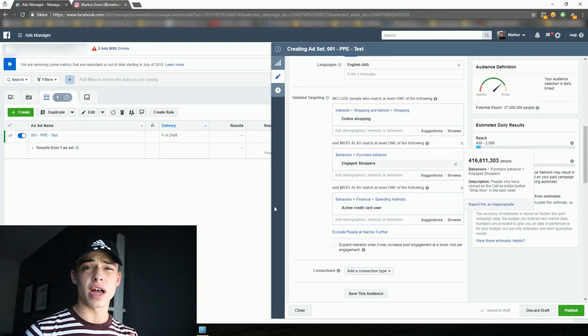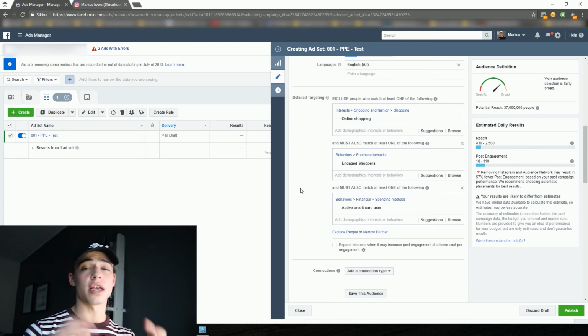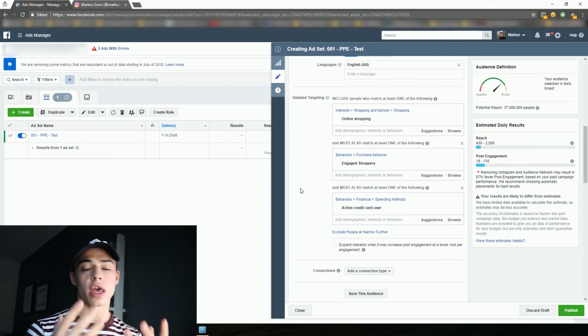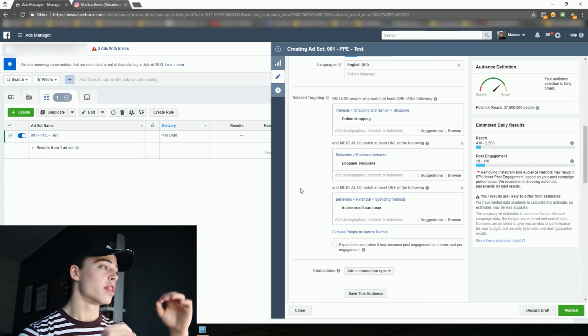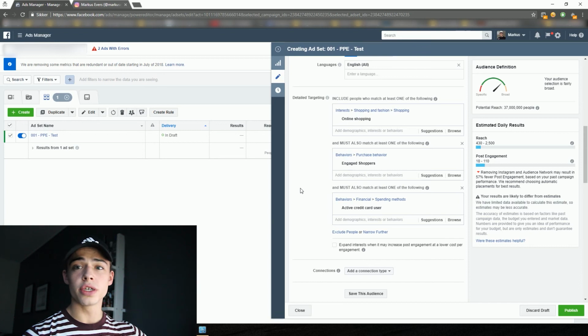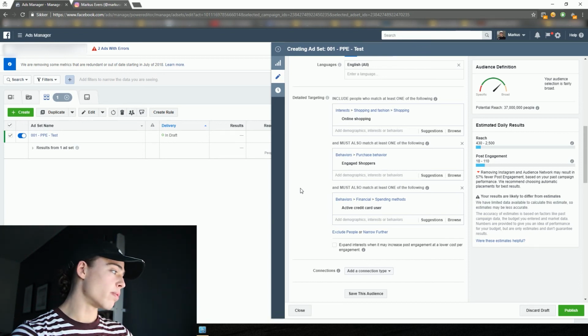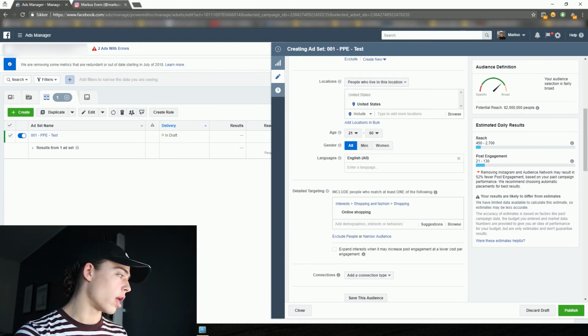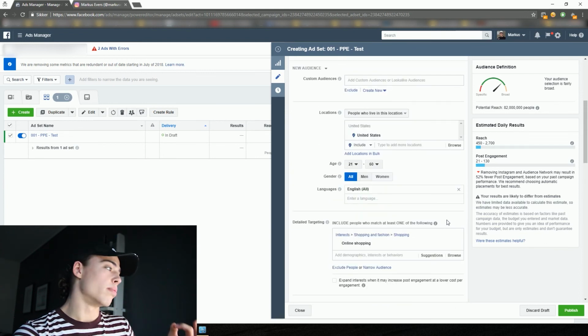If you're also narrowing down with a lot of different interests, which you should do for a given product, for example if you're selling a pet ring, you want to narrow down with dog lovers or dog owners and all these different types of things, then the potential reach might be too low, compared to if you remove the active credit card users or the engaged shoppers. So that's a great way to do it as well. I would really recommend you guys to do it in this way.